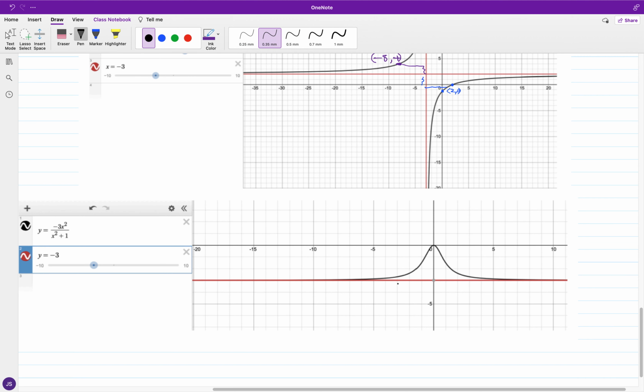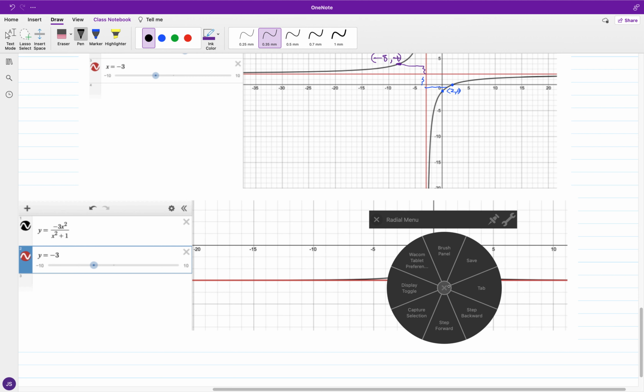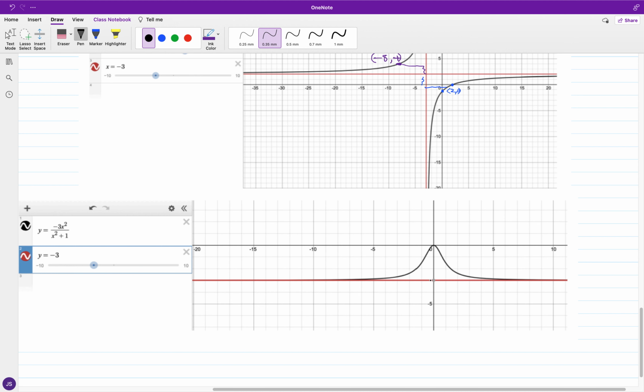This looks almost like a normal distribution curve, or what they call a bell curve. You have symmetry on both sides, both halves mirroring each other about the y-axis. And again, we have no vertical asymptote, just a horizontal asymptote where y is equal to negative 3.